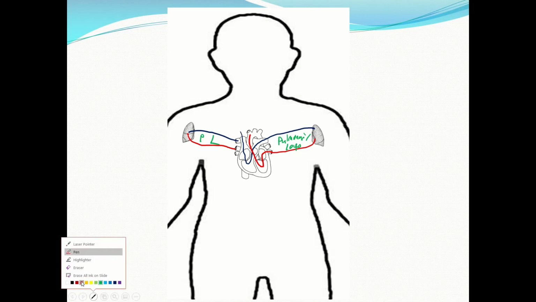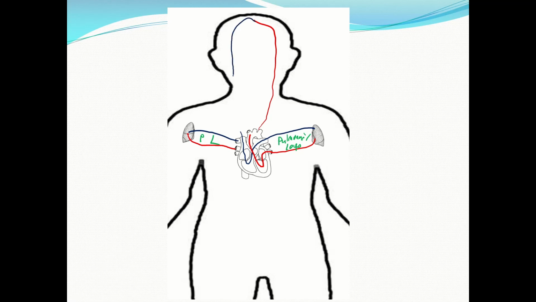So now you have all this oxygen-rich blood, so it needs to go to your head. When it goes to your head, it drops off all that oxygen, picks up CO2, and then we're back to blue here. And it goes back into your vena cava, right? And the other loop, so that's the superior loop.